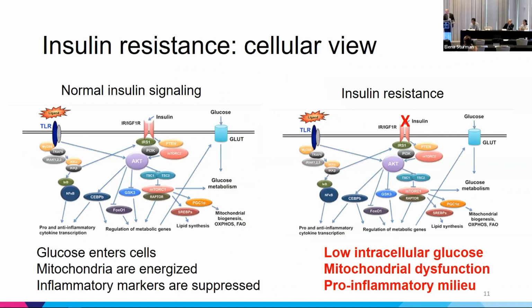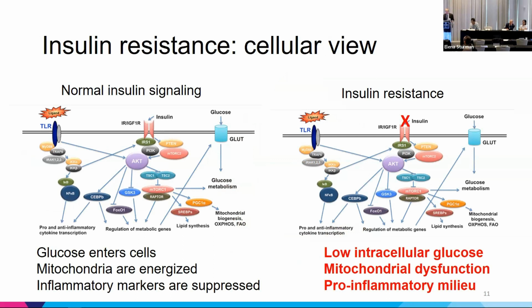But what does it mean on a cellular level? And this is where it's important in ophthalmology and in glaucoma. You can see that insulin resistance might mean that insulin will interact with the receptor, but nothing else happens inside the cell. And why might that be bad? Well, insulin signaling has to do with uptake of glucose into the cell.